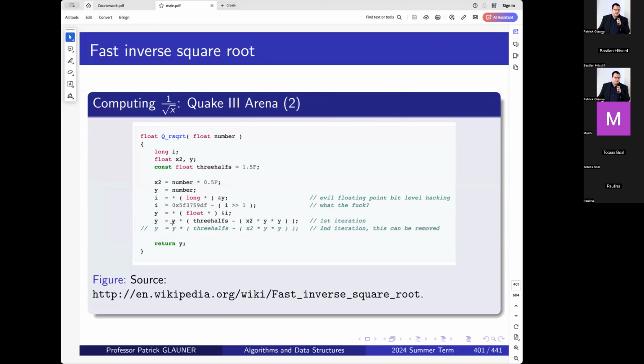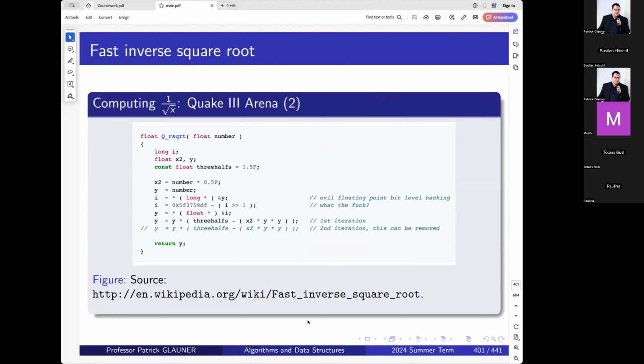I know this looks strange, and no one really knows who came up with this, who found out that this operation actually leads to a super fast calculation of the inverse square root, because stuff like this you can do super easily on your CPU. You just bit shift by 1, you subtract something, and you're done, and you're already quite good. And then you do one iteration of the Newton method, and you're even better.